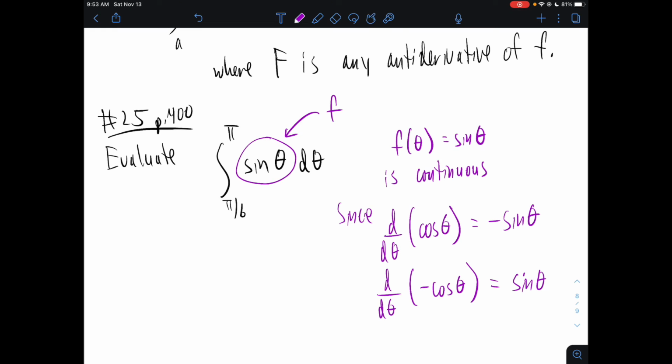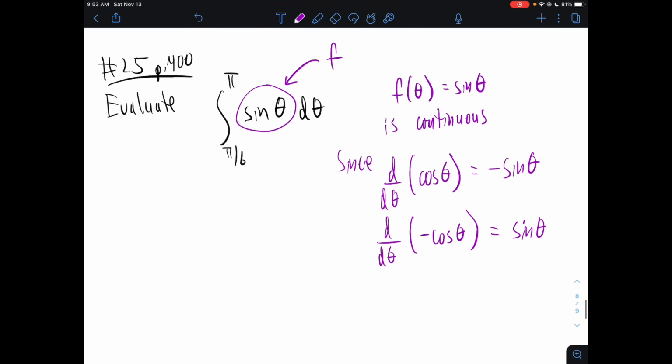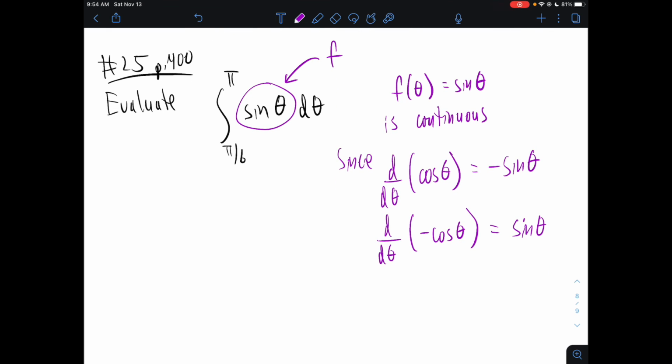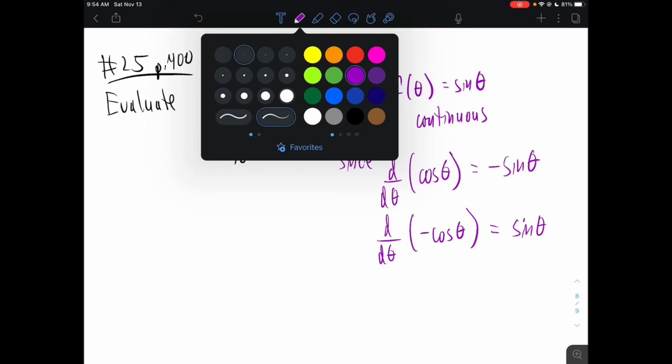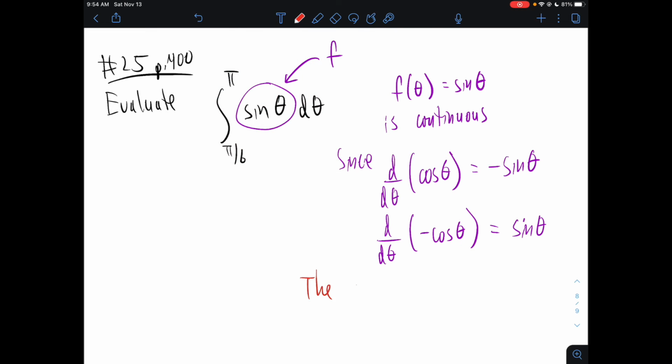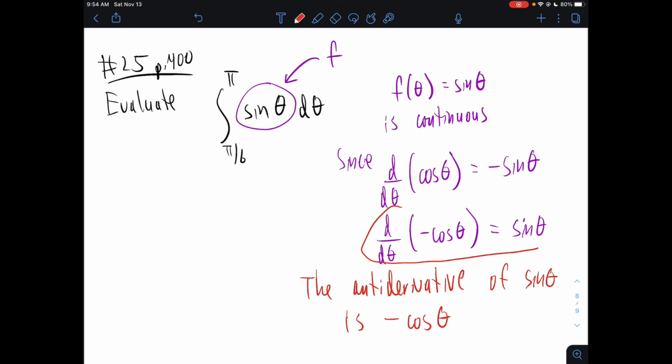So why did I bother writing that? Well, this then tells me the antiderivative of sine theta. Essentially you're undoing the derivative. The antiderivative of sine theta is negative cosine theta, because the derivative of negative cosine theta takes you back to sine theta.